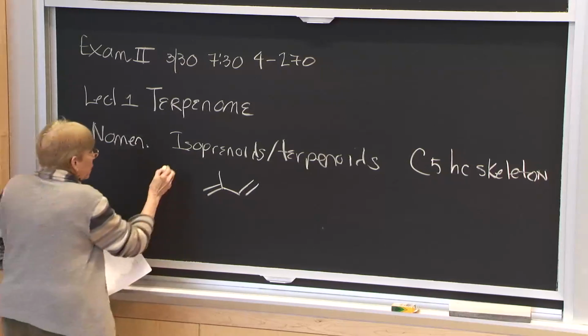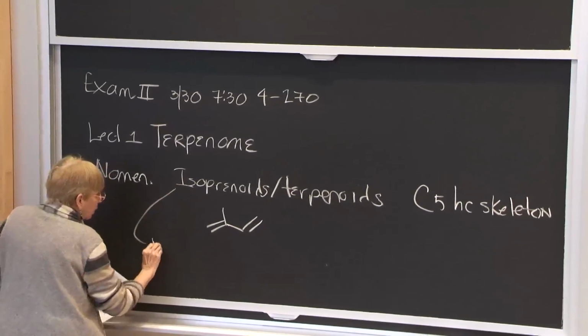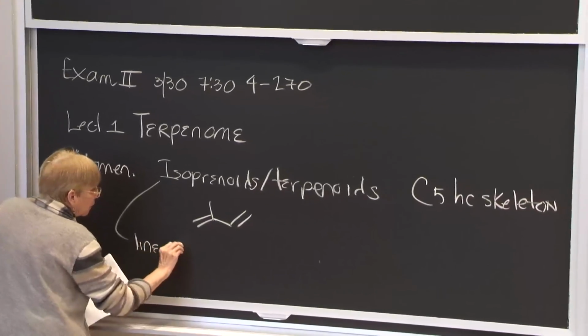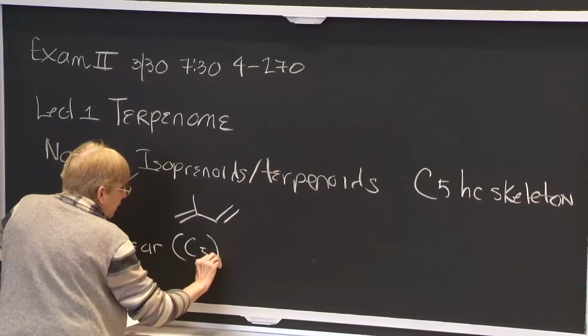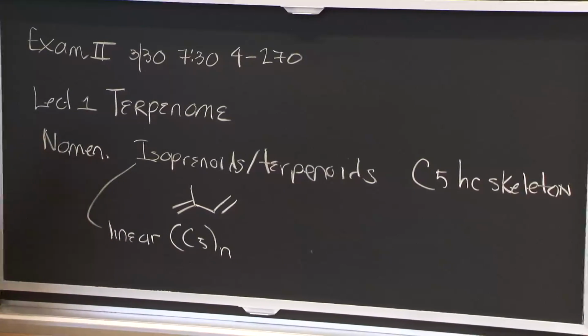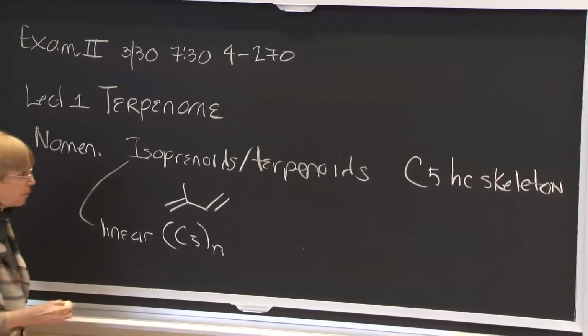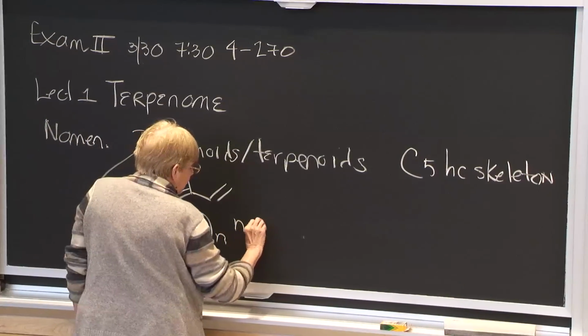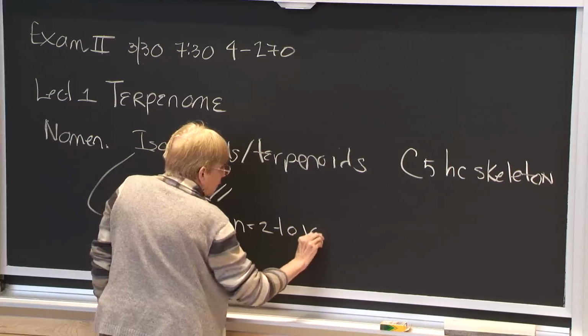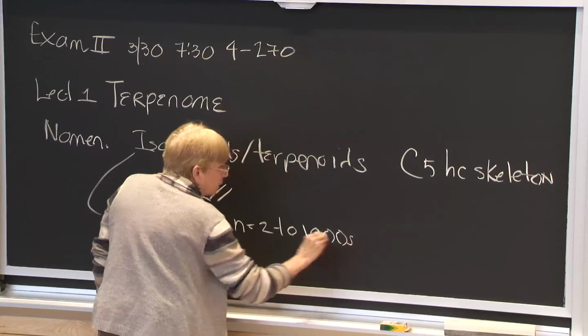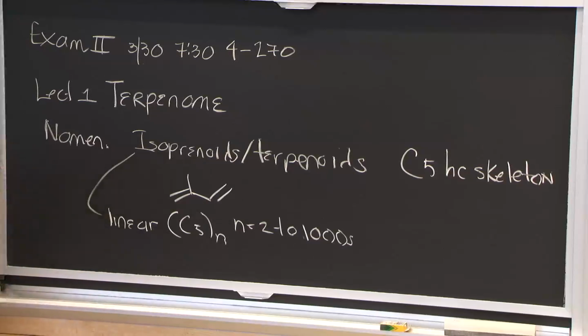So an isoprenoid is in general linear, and it's made of n of these C5 units. So n can be 2 to thousands, okay? And I'll give you examples of these.